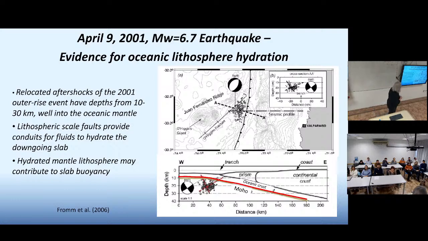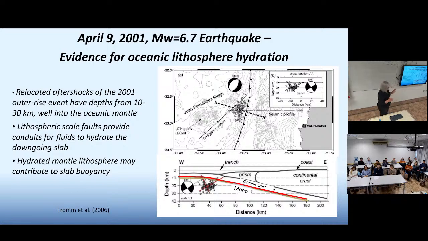This was work by Robert Fromm, a graduate student we had from Chile, who's unfortunately not with us. But what he found was that this earthquake, all the aftershocks located below the oceanic crust in the Moho, or in the mantle. And there were two planes shown by these red lines.